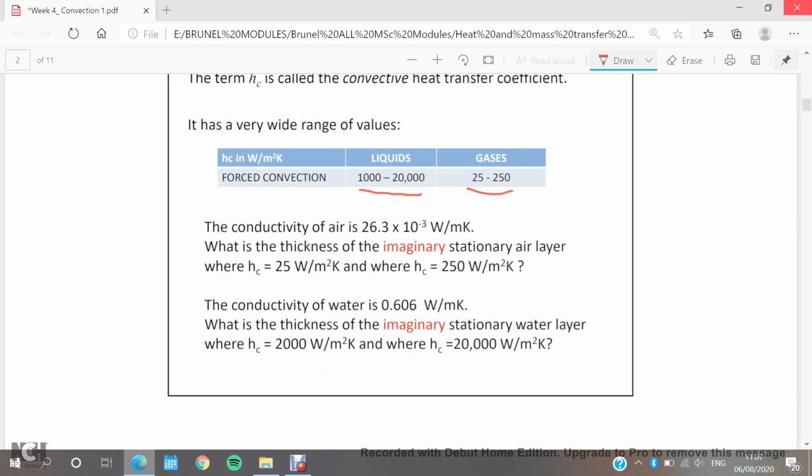That's why liquid convection heat transfer is much more efficient than gas convection heat transfer. If you want to cool something, let's say by water, it will be much more efficient and faster than cooling it by air, because the heat transfer coefficient is much higher in the liquid phase.